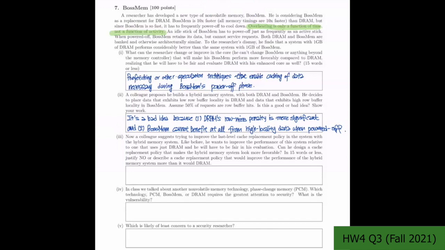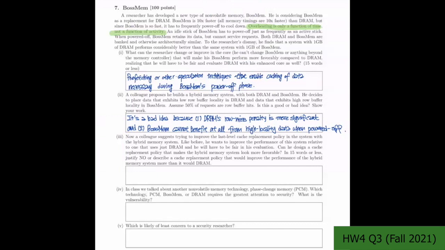So question 3. Now our colleague suggests trying to improve the last level cache replacement policy in the system with the hybrid memory system. Like before, he wants to improve the performance of this system relative to one that uses just DRAM, and he will have to be fair in his evaluation.